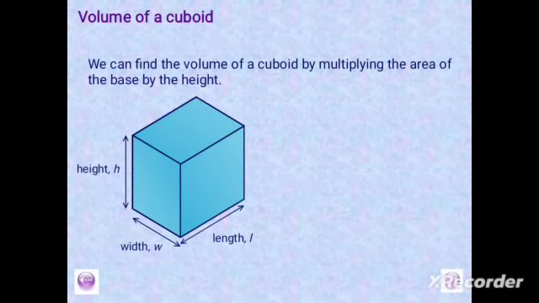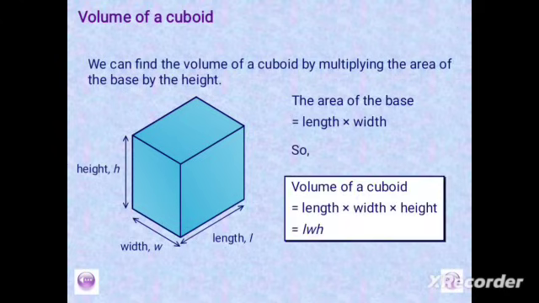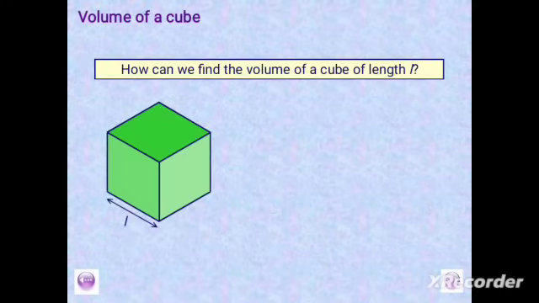Now, we can find the volume of a cuboid by multiplying the area of the base by the height. The area of the base is length times width. So the volume of a cuboid is length times width times height, as the formula for finding the volume of a cuboid. So how can we find the volume of a cube of length L?